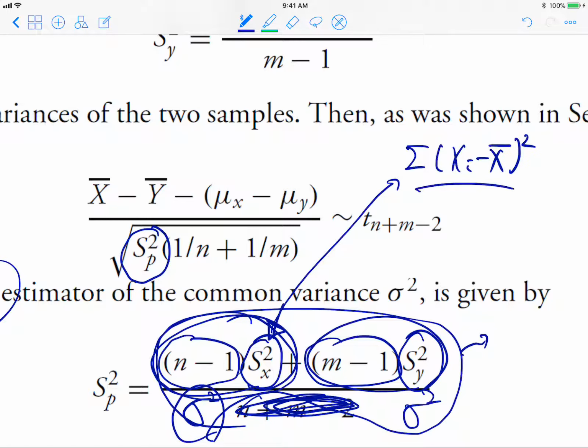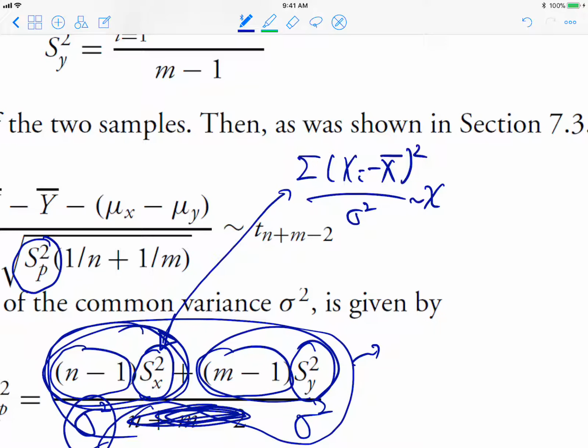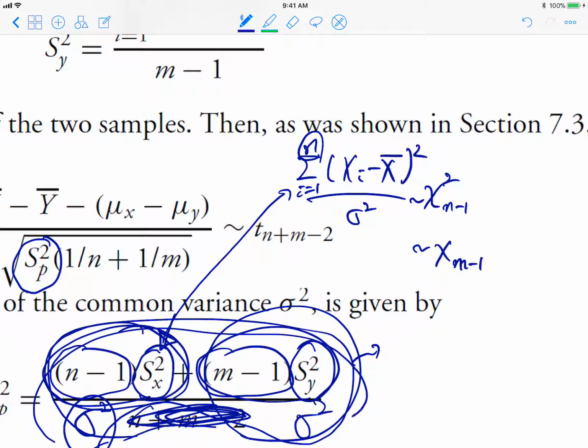And we divide it by sigma squared, and it was following the chi-square distribution, right? What was the degree of freedom? We had n observations, and thus the degree of freedom was n minus 1, right? And this other part will also be a chi-square distribution with m minus 1 degrees of freedom. If we sum them up, altogether we have a degree of freedom of this value, right? So the story is almost the same.